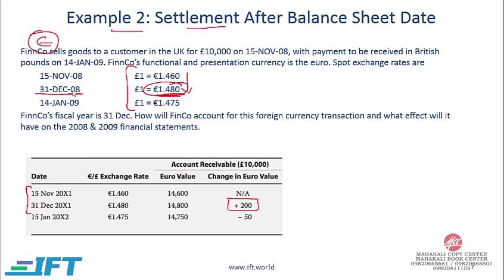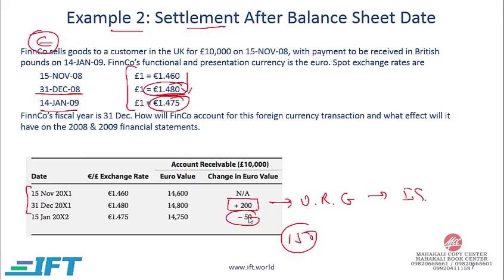But then between 31st December and 14th January, the value of the pound goes down. And that is reflected here as a negative number. The 200 is shown as an unrealized gain on the income statement. But on 15th January, the overall gain of 150 is realized.